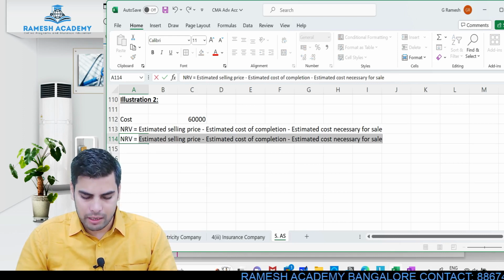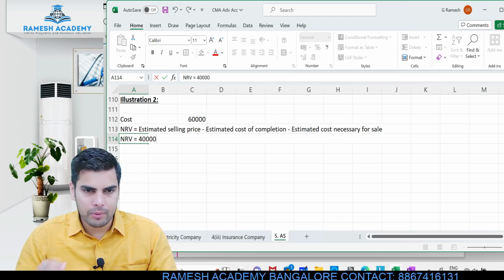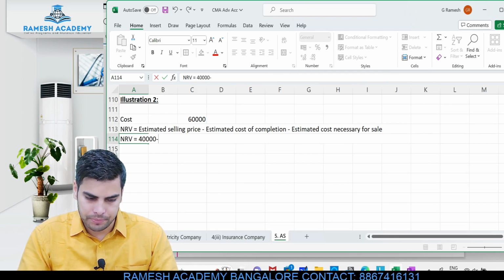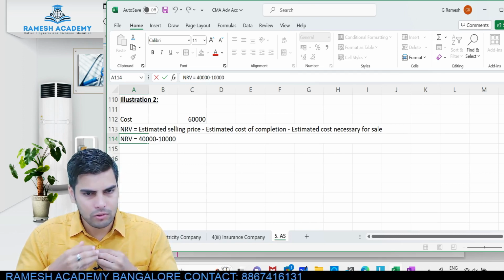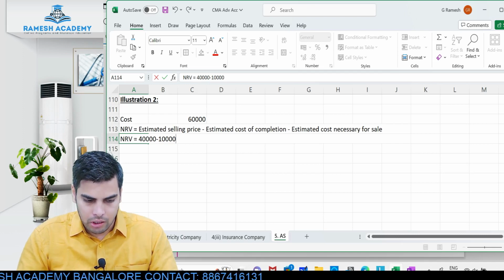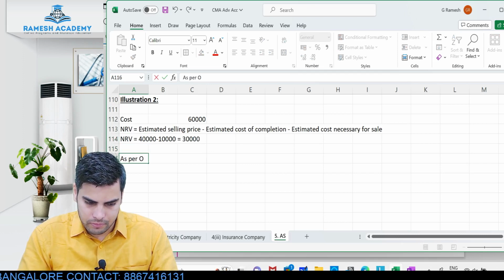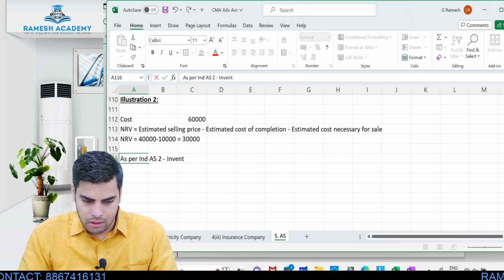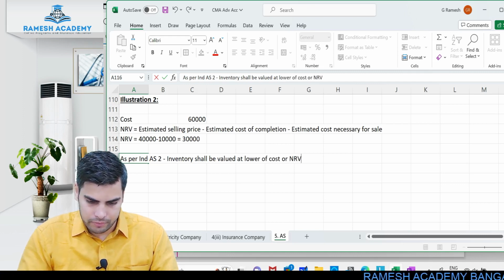In the market, if I purchase, I'll be able to purchase it at 40,000. It means even if I'm able to sell it, the value of this would be 40,000. For this, I need to spend 10,000 rupees towards modification. Out of 40,000, whatever I receive, 10,000 I need to spend towards modification. So net realizable value will just be 30,000. As per Ind AS 2, inventory shall be valued at lower of cost or NRV.